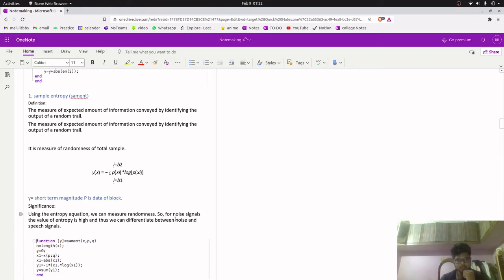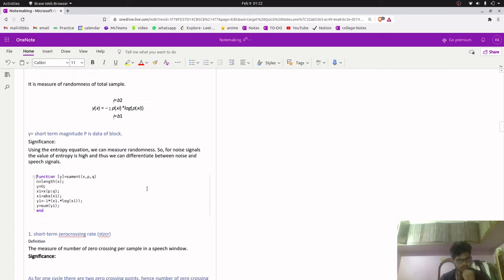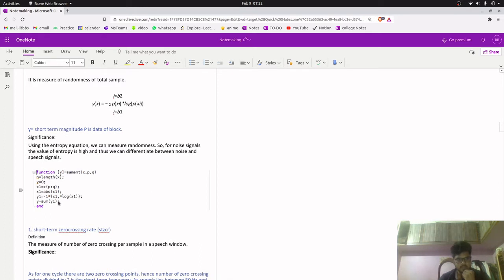So for a noise signal the value of entropy is very high, because noise is as random as possible. Thus we can differentiate between noise and speech signal. The mathematical formula for calculating the sample entropy is minus x log x. Now I have implemented the same.